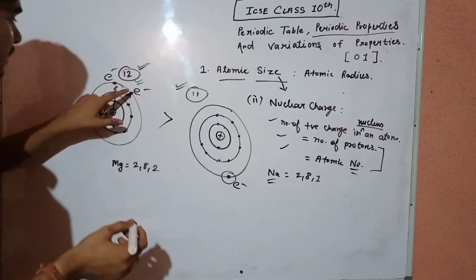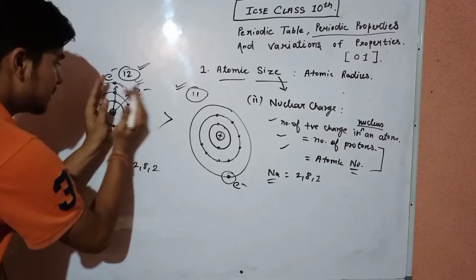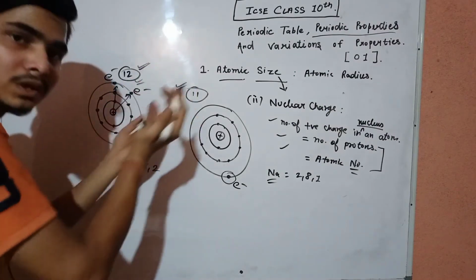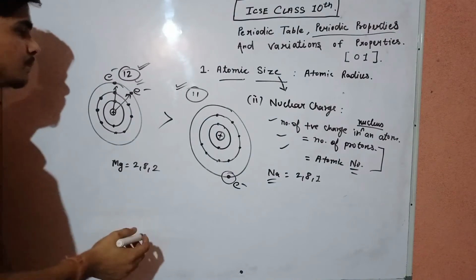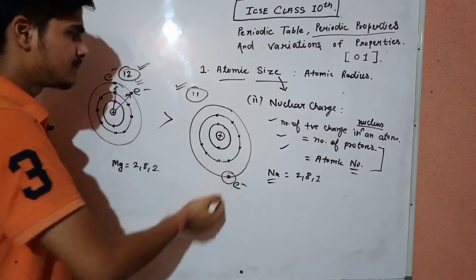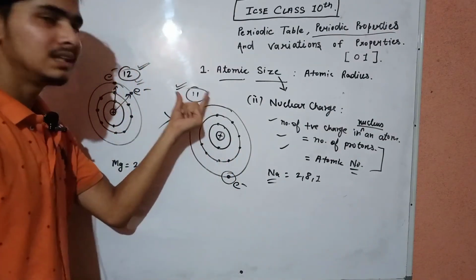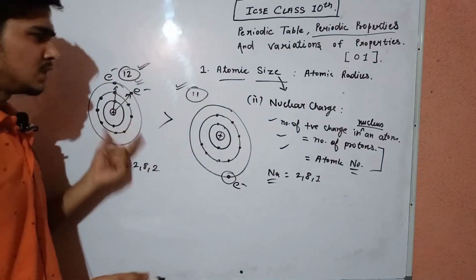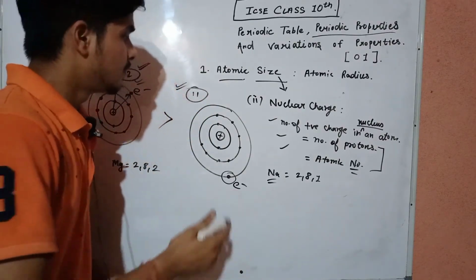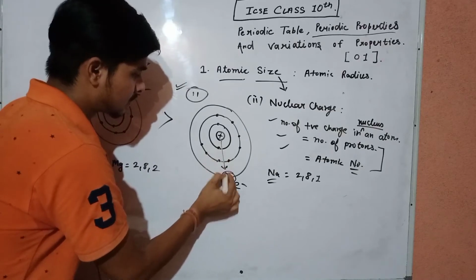And what will happen if it attracts these electrons towards itself? The size will get smaller, because electrons are coming towards the nucleus. As compared to this, the other has less nuclear charge, so it will not be able to attract much, but still it will attract this electron.